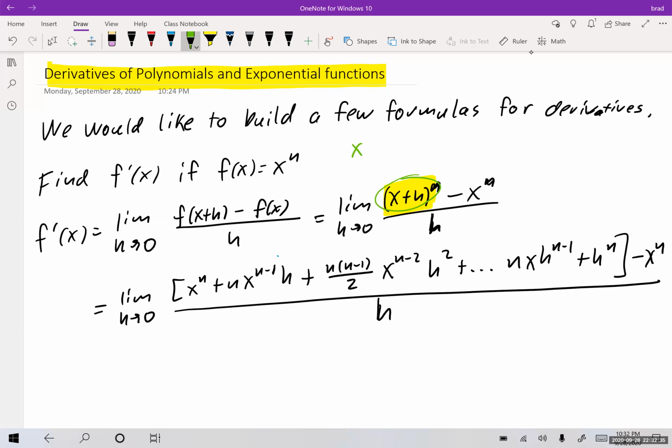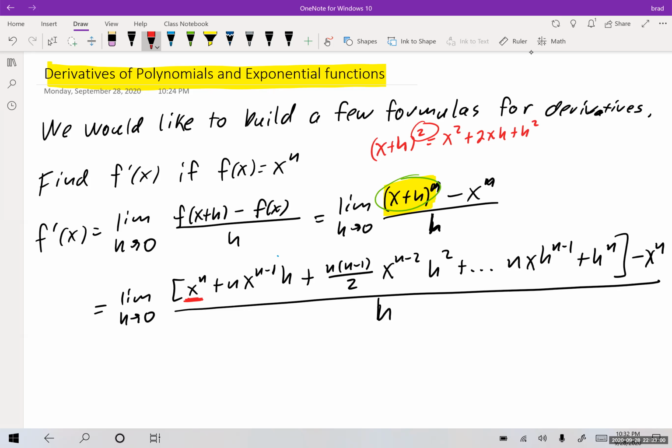Imagine it was x plus h squared. Well, that would be x squared plus 2xh plus h squared, right? So all it's saying is you take the power of n, so you'd have your x term to the squared power.